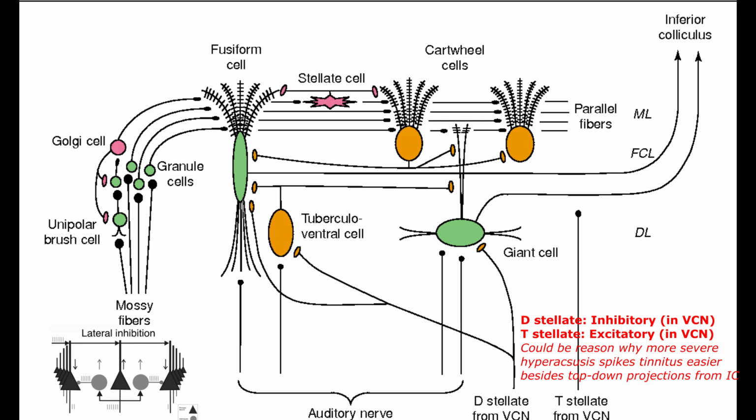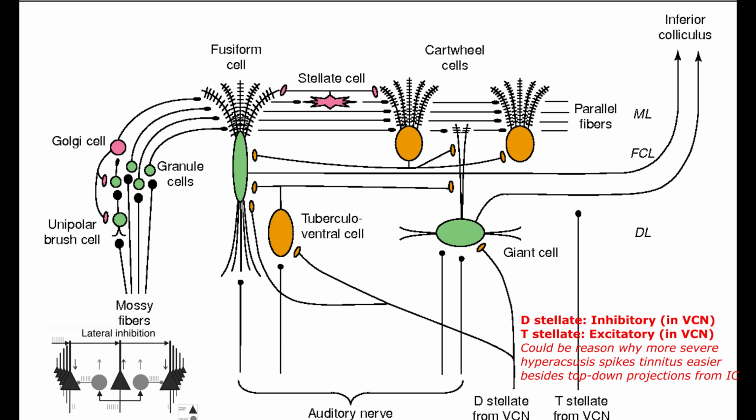Now, vertical cells, which are also another class of interneurons in the DCN, project more broadly within the nucleus overall, and they contribute to lateral inhibitory side loops that help distinguish frequency boundaries.